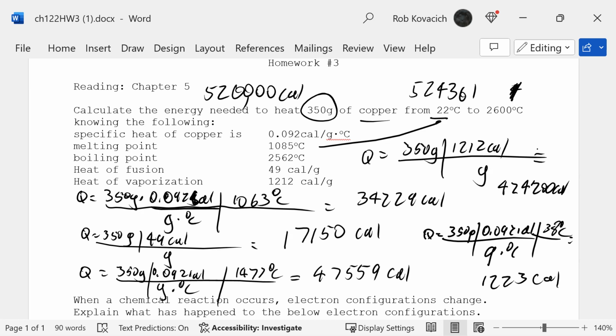Is that a lot of energy? I know it's a large number, but is it a lot of energy? Do you remember the definition of a calorie? This is science calorie, not food calorie.